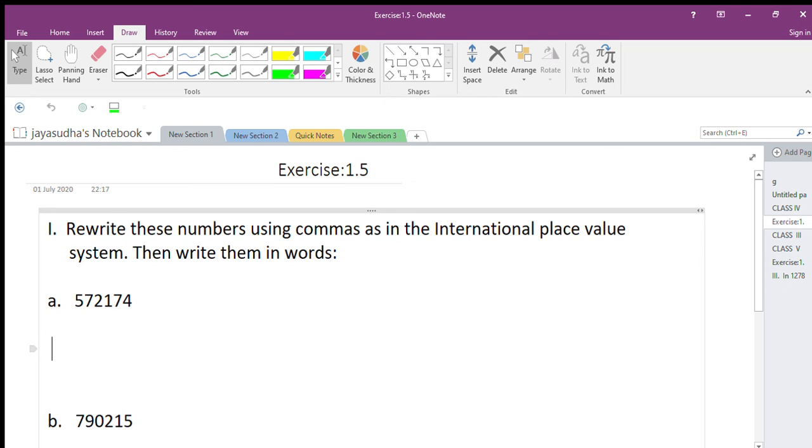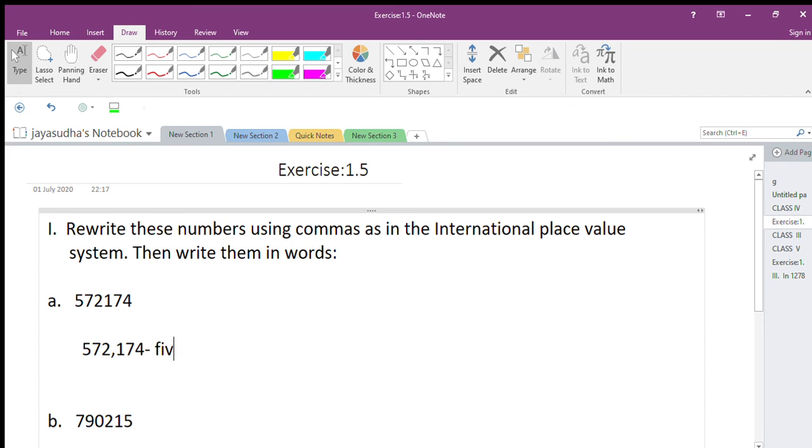Listen. First you rewrite the numbers. 5, 7, 2, 1, 7, 4. Are you okay? Now you put commas according to the international system. 3 digits before one comma. That's all. There is no comma after because the thousands period also has 3 digits. Now you have to write the number name. How do you read this number? 572. What period is this? Thousands period.